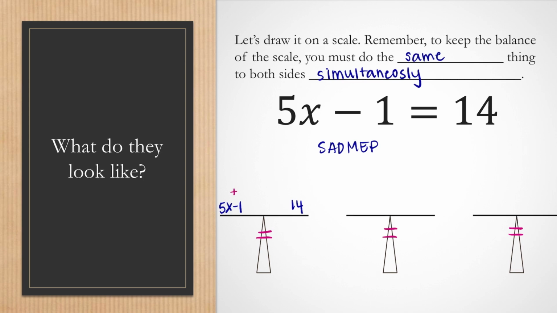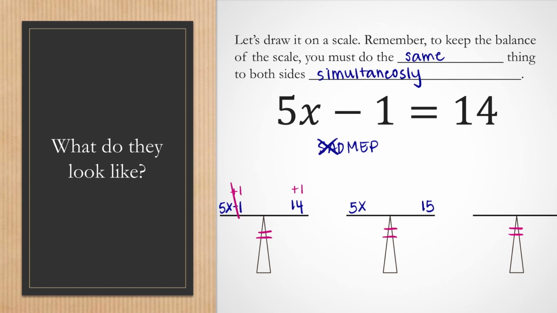So to get rid of it, I have to add 1. But remember, I have to do it to both sides simultaneously. And what that does is it cancels out my 1's. And since it's adding, subtracting, it comes out to 0. So now I have 5x on this side. And on the other side, 14 plus 1 is 15. It's maintaining that same equality because I did exactly the same thing on both sides.